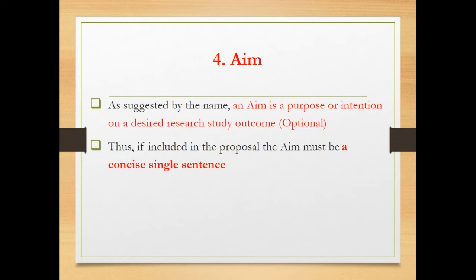You see that? And that's what the aim does. The aim provides that direction. You become clearer. It's a purpose or intention on the desired outcome. I am going here, and that's where I'll be at the time I leave this place.